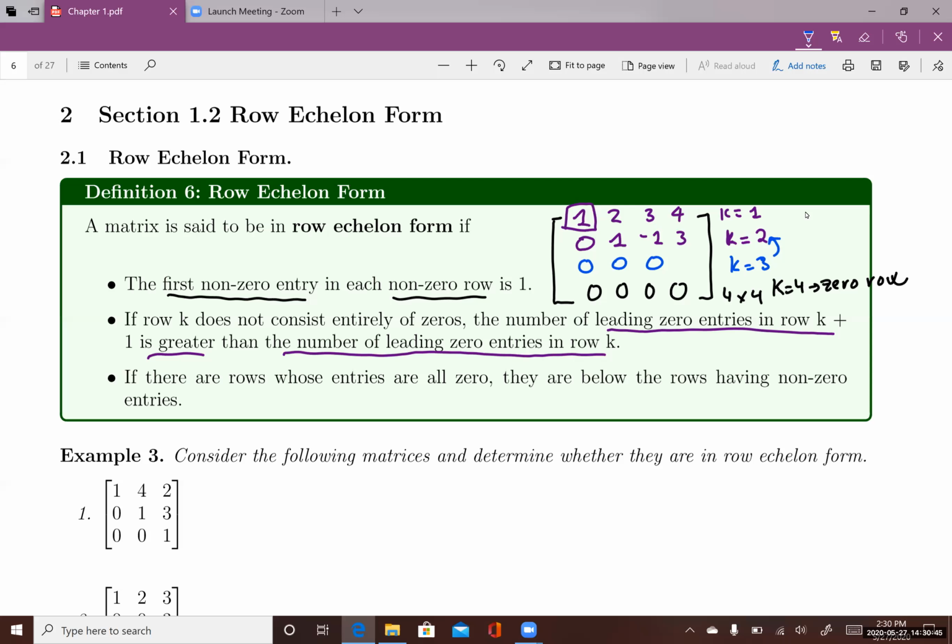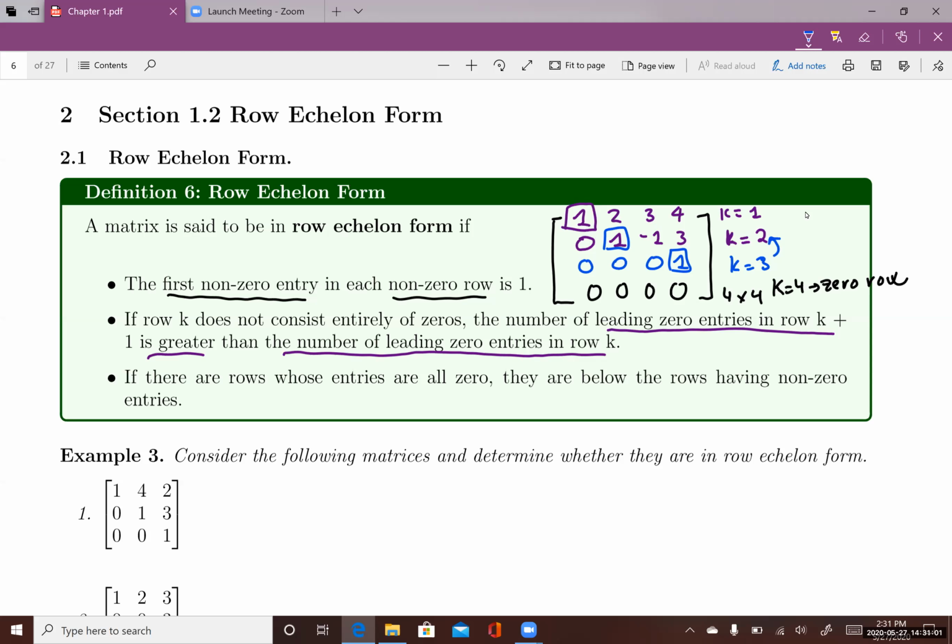And then the next entry, if it's not 0, has to be 1, because by the first condition, the first non-zero entry has to be 1.